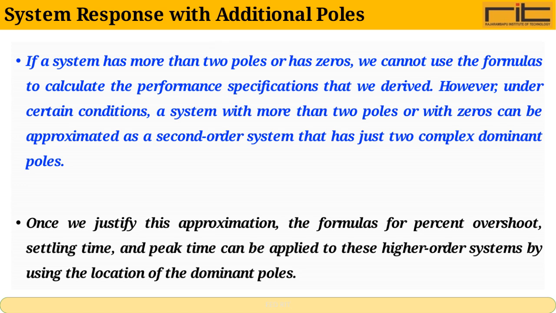This means that even for more complex systems, we can analyze their behavior by identifying the dominant poles and applying the second order system formulas to get a good estimate of their response. This approach simplifies the analysis and helps us understand the system's performance without needing to dive into more complicated calculations for every pole or zero present.